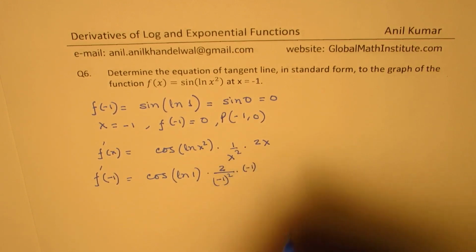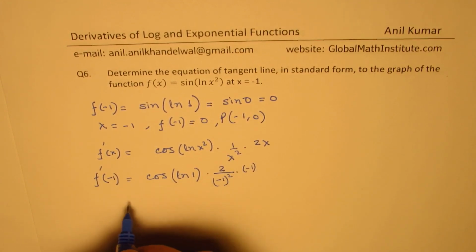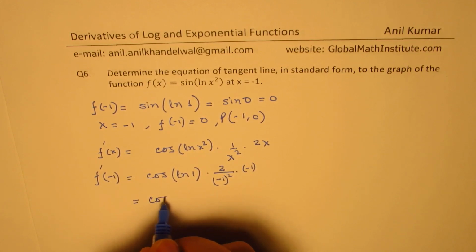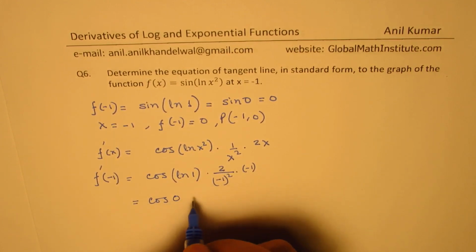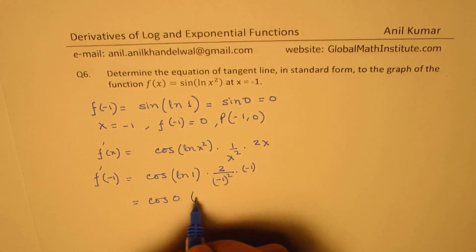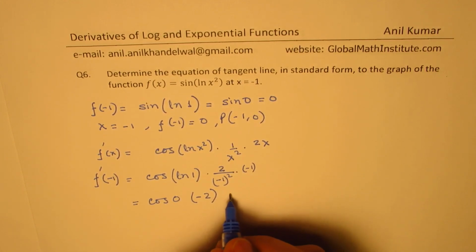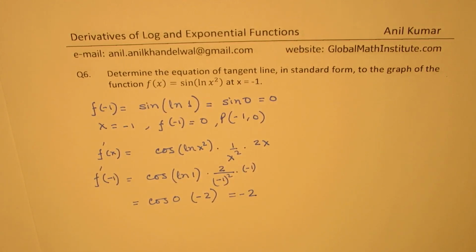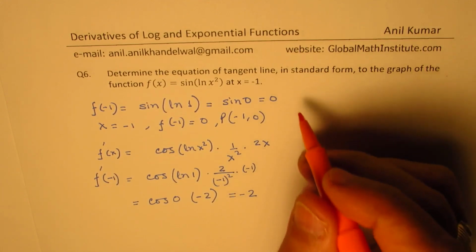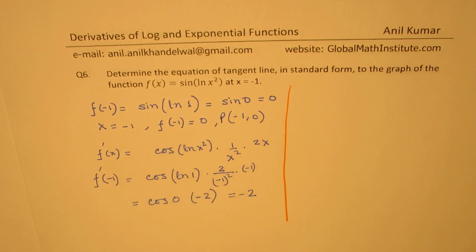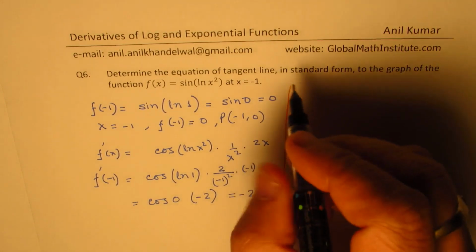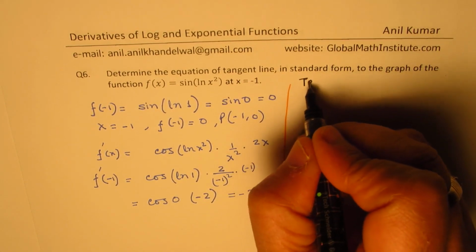Okay, I could have simplified. So it is negative, right? So we have this as cos of 0, and that is times minus 2, right? Because this is plus 1. So cos of 0 is 1, and therefore we get this as minus 2. So what we get here is that the slope at x equals minus 1 is minus 2. So we are looking for the equation of the tangent line now.